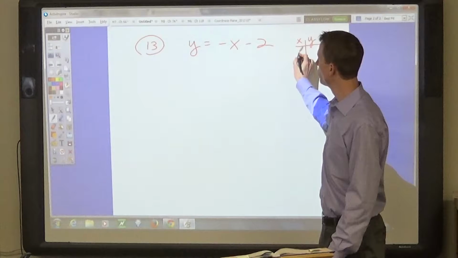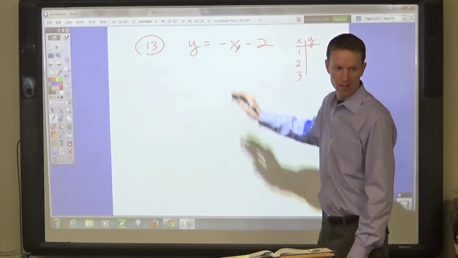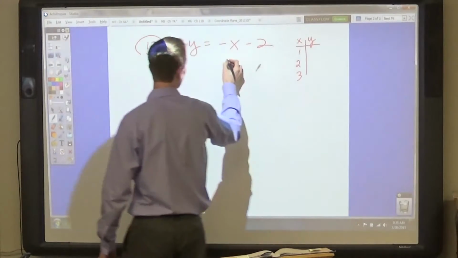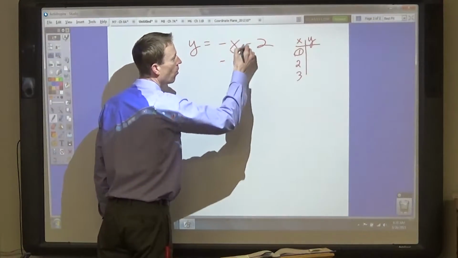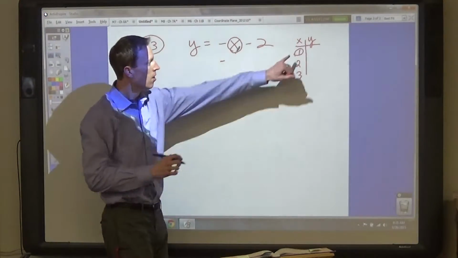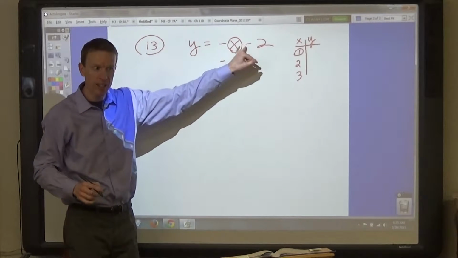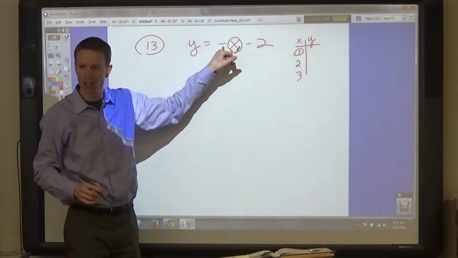Yep. So we keep the negative, and we just substitute this for x. Always put the number in just for the x, not for the negative sign.